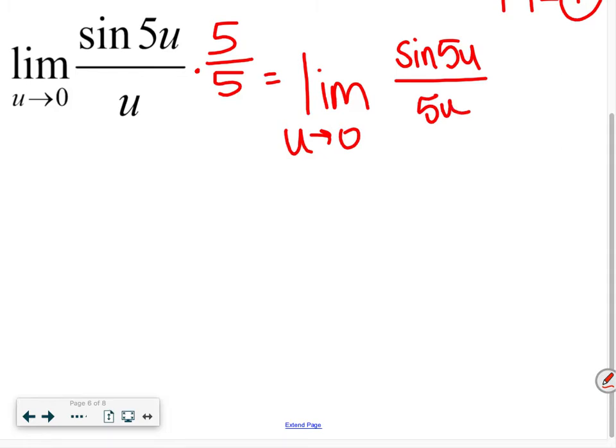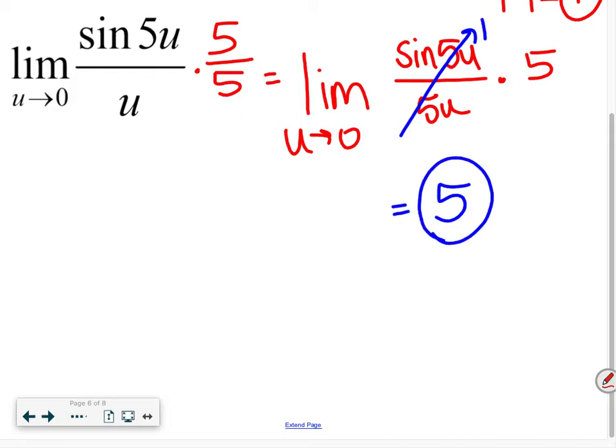I'll take that 5 and place it over here, times that 5. All I did was rearrange. Now, this guy has a limit of 1. 1 times 5 is 5. If that's not your work, you are not getting there correctly. You're not getting full credit.